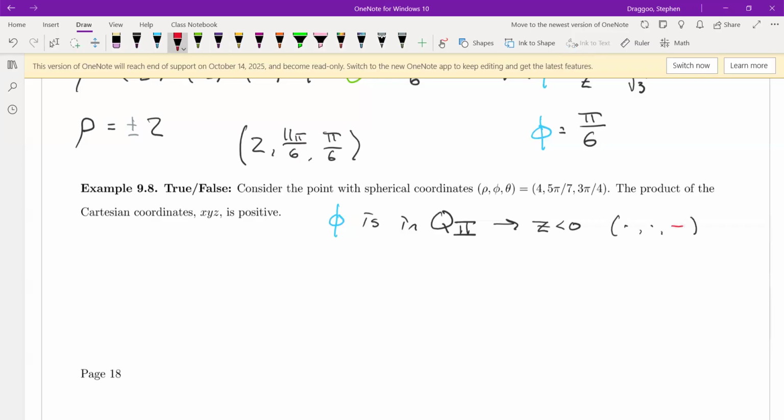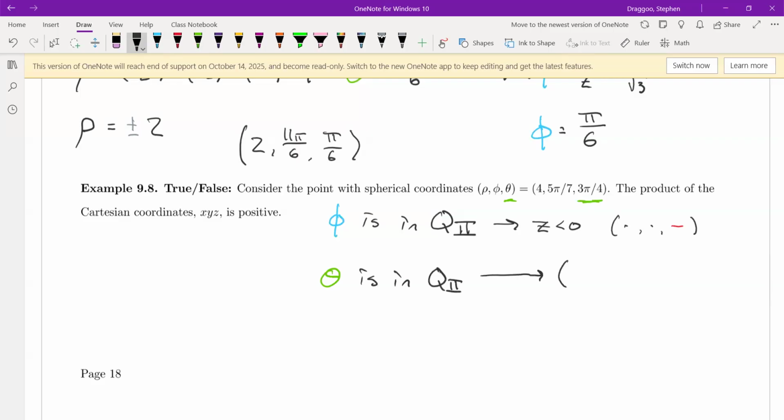What those numbers are, I don't super need to worry about. I just need to know if z is positive or negative. Go do the same thing with theta. So theta is 3 pi over 4, which means it's also in the second quadrant.